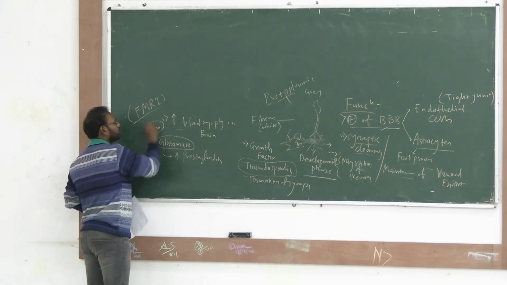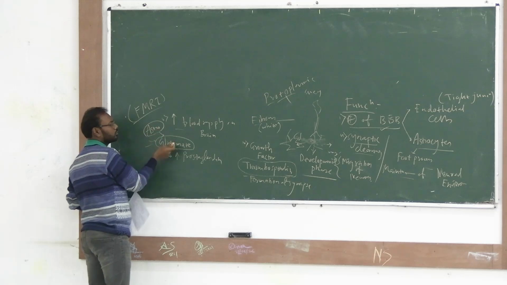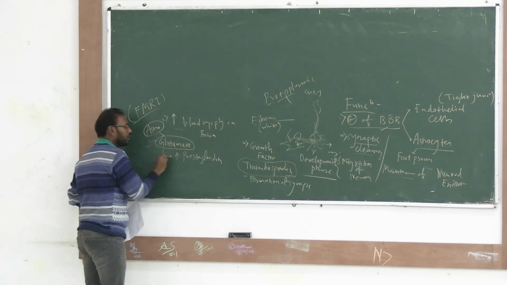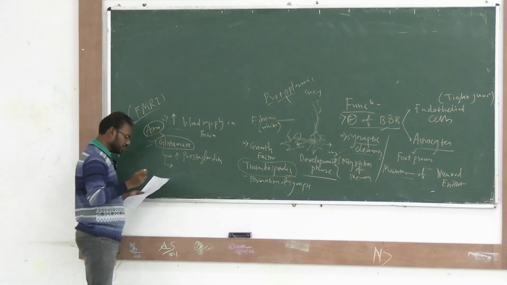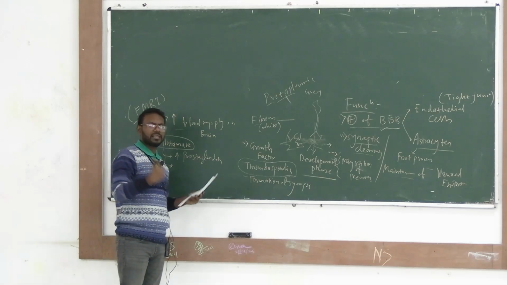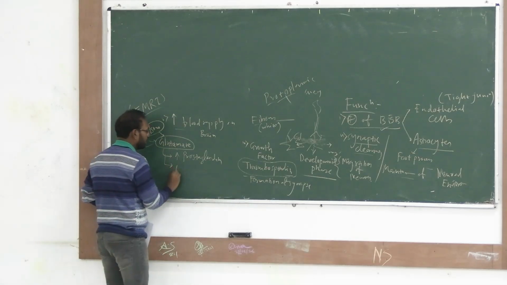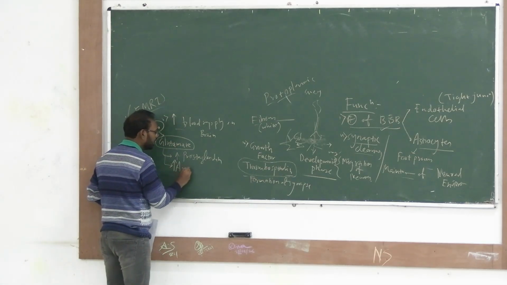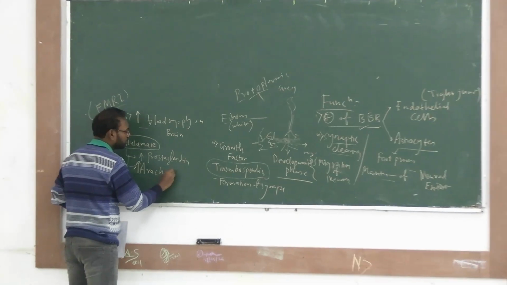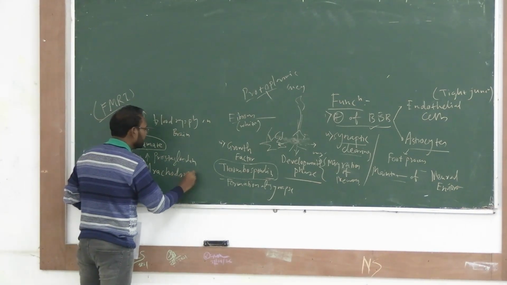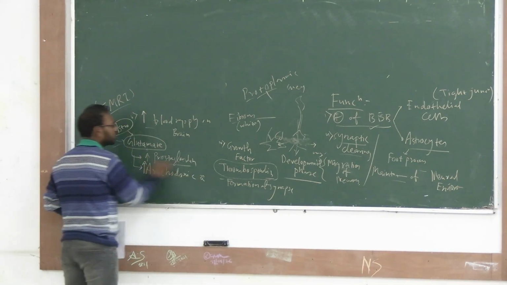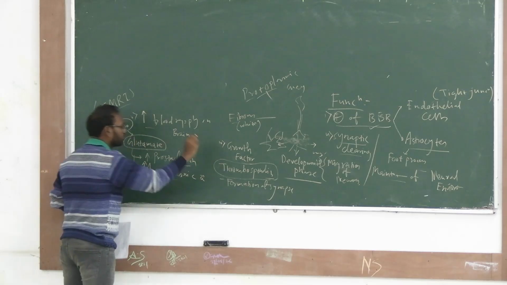What will glutamate do? Increase prostaglandins and increase a specific acid, arachidonic acid. So there is an increase in both prostaglandins and arachidonic acid.